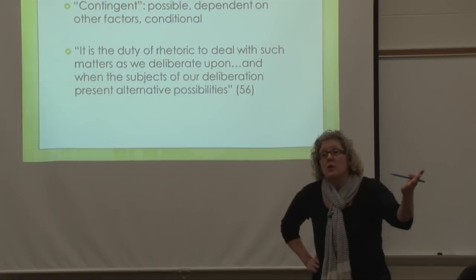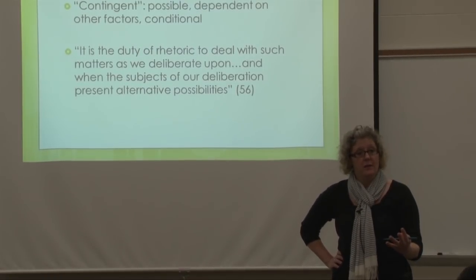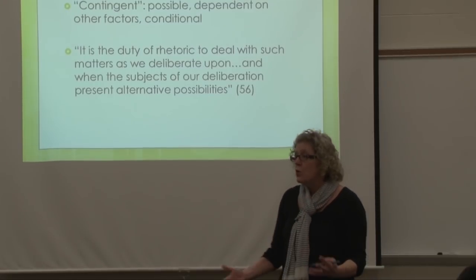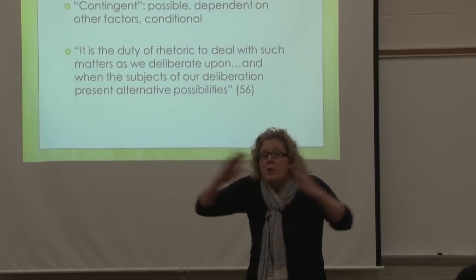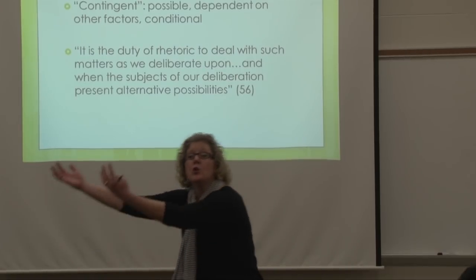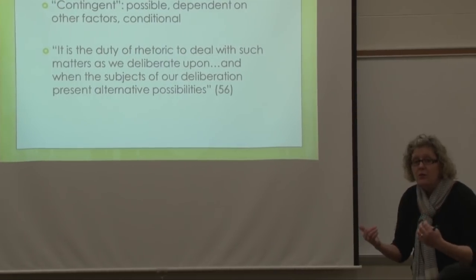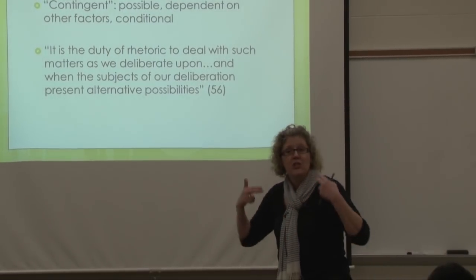Think of the way that people used to think that the world was flat. That was not contingent, because everyone believed that the world was flat. So there was no disagreement about that until they brought in new information and said, I don't know about this, I don't think it's flat, and then it changes.